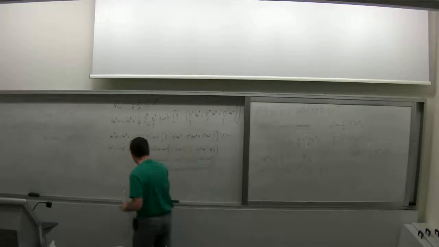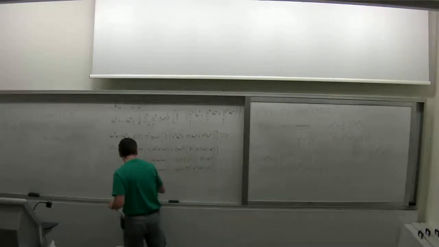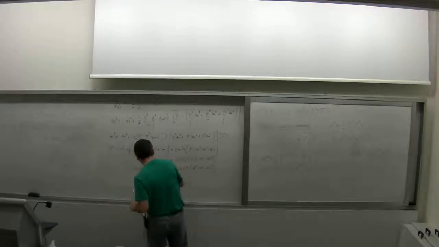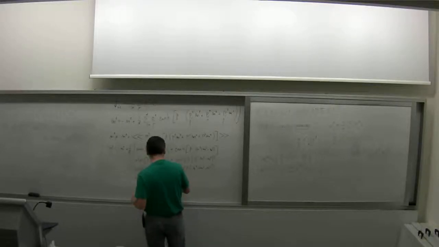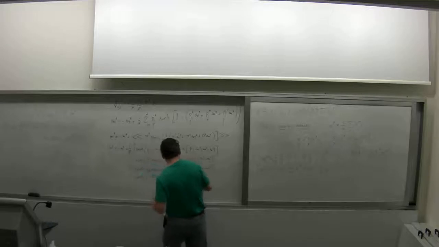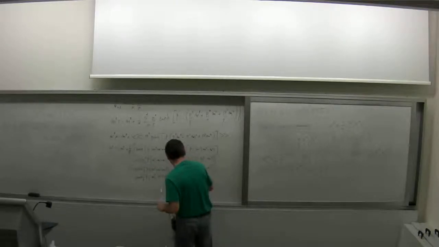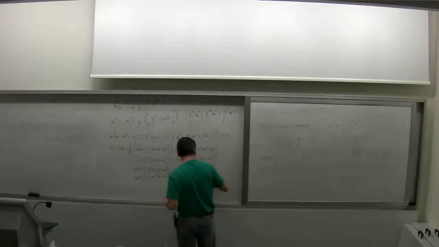And we have 2 terms to go, minus hyperbolic tangent of beta minus M1 minus M2 plus M3, and the 4th term, which is hyperbolic tangent of beta minus M1 minus M2 minus M3.